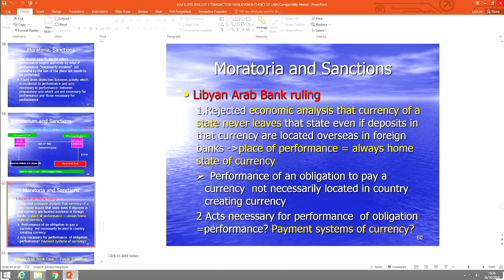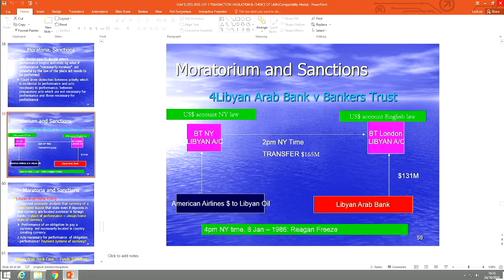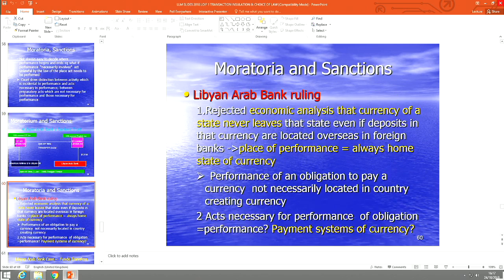The second one is the one that I wanted to get to, and that is, what was the performance that was required? Was it simply the payment of the dollars by Bankers Trust to the Libyans in London? An obligation in London to make the payment. That would have ended the matter. The lawyers for Bankers Trust said, no, wait a minute, that's not as easy as that.